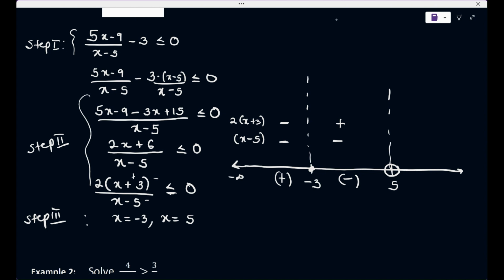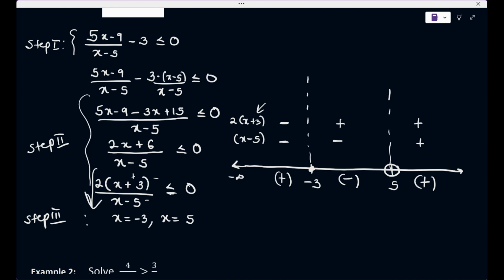Then if you take a number greater than 5, say 6, if you substitute 6 here, it will be 9, which is positive. 6 minus 5 is also positive. So we are taking the quotient of two positive terms, which is also positive.